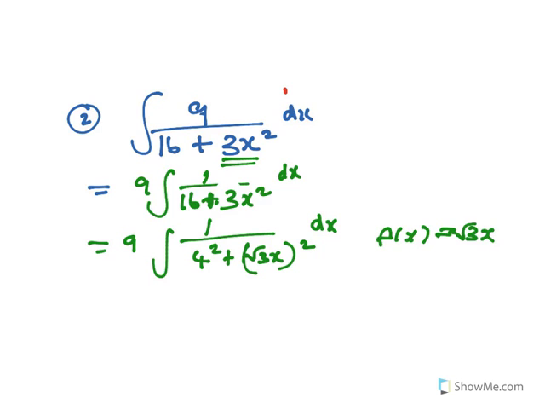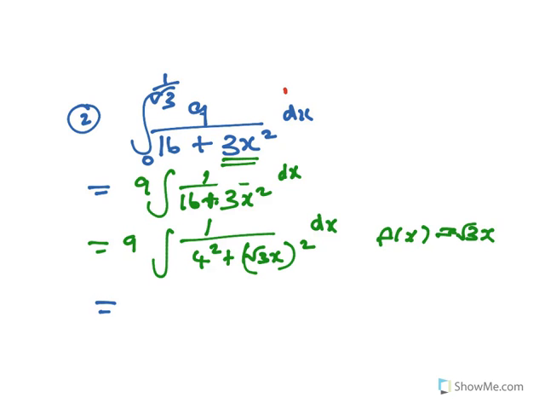I want to do this with the endpoints as well. Okay, so we'll go from 0 up to 1 on root 3. And so let's make it, no, because it'll be a tan.